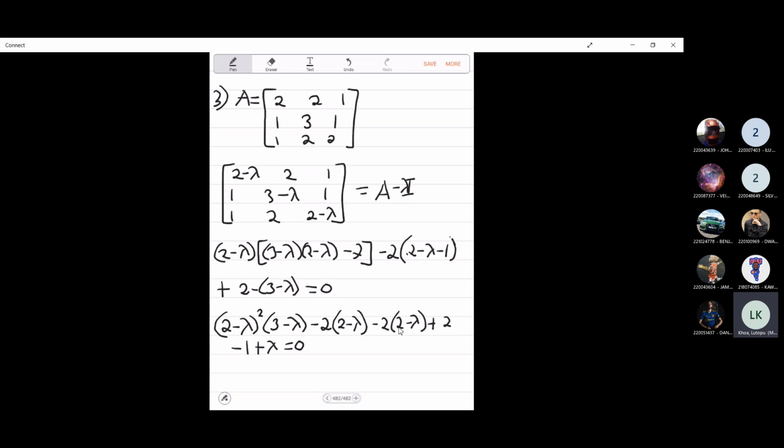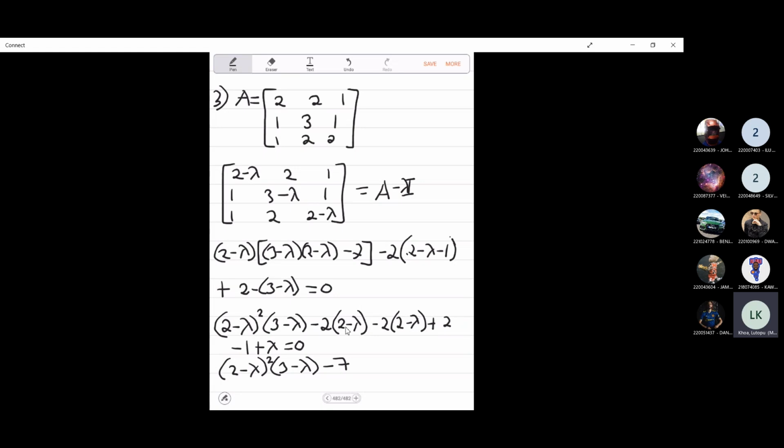This is minus 4, 2 minus lambda. And then this is 1 plus lambda, or just add everything. Anyway, we have 2 minus lambda. So this is just a cubic equation. We know how to solve this. So I have minus 4, minus 4, plus 2 minus 1. This is minus 7.